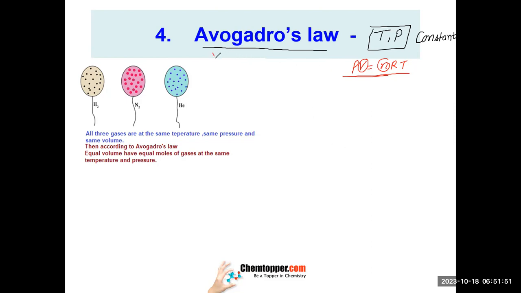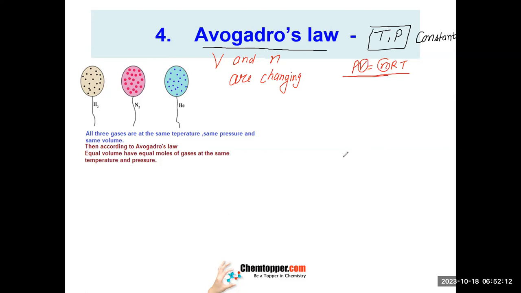So in Avogadro's law, only volume and n are changing. Answer it.